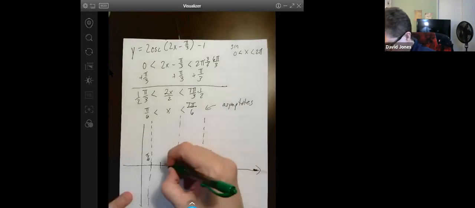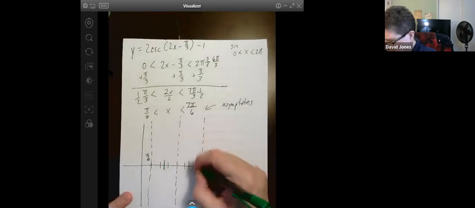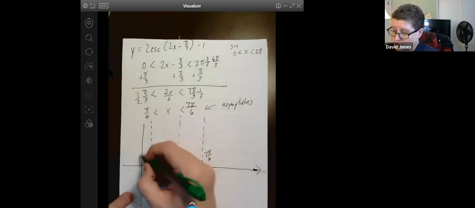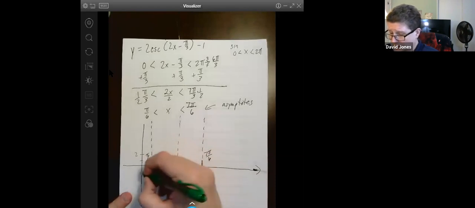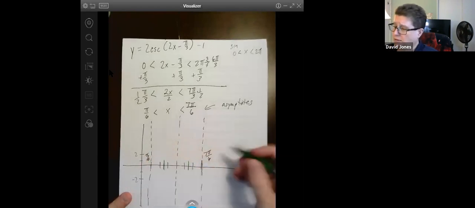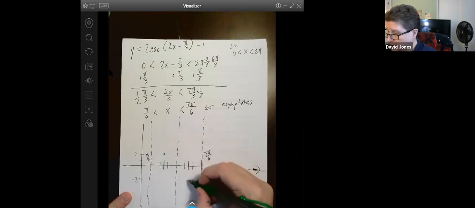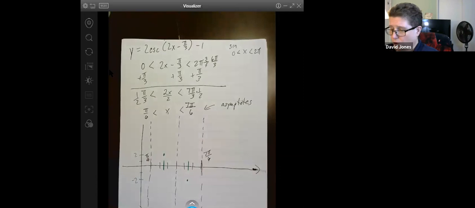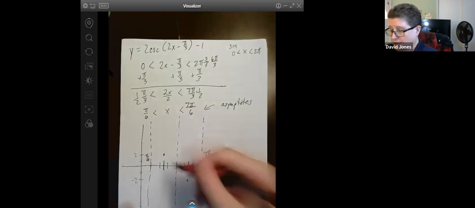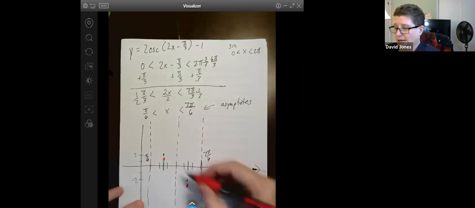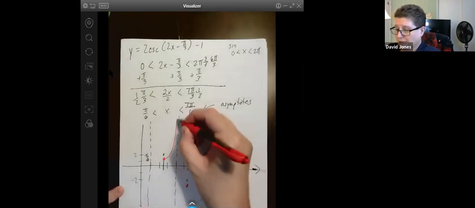Then halfway between them, without writing down what the value is, would be there. This goes up to 2. And then we do our vertical shift of -1, and we asymptote from there.